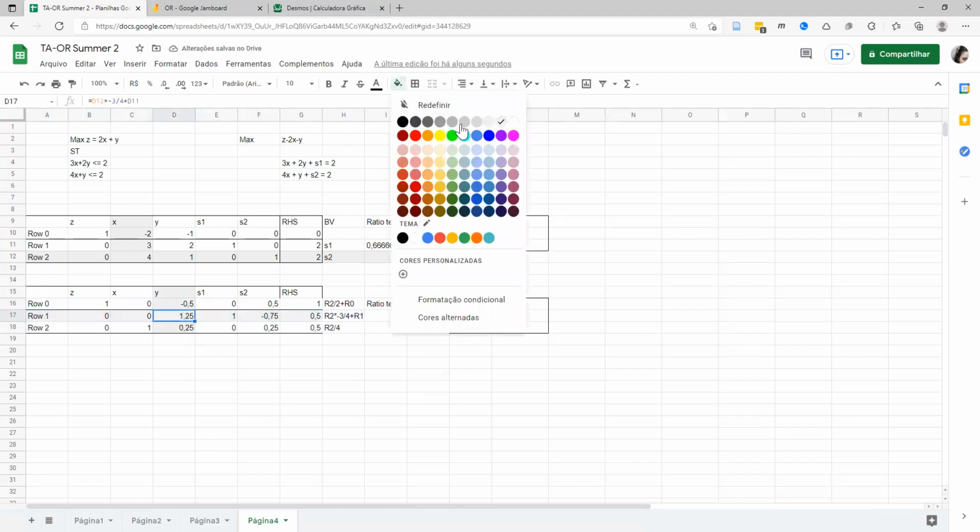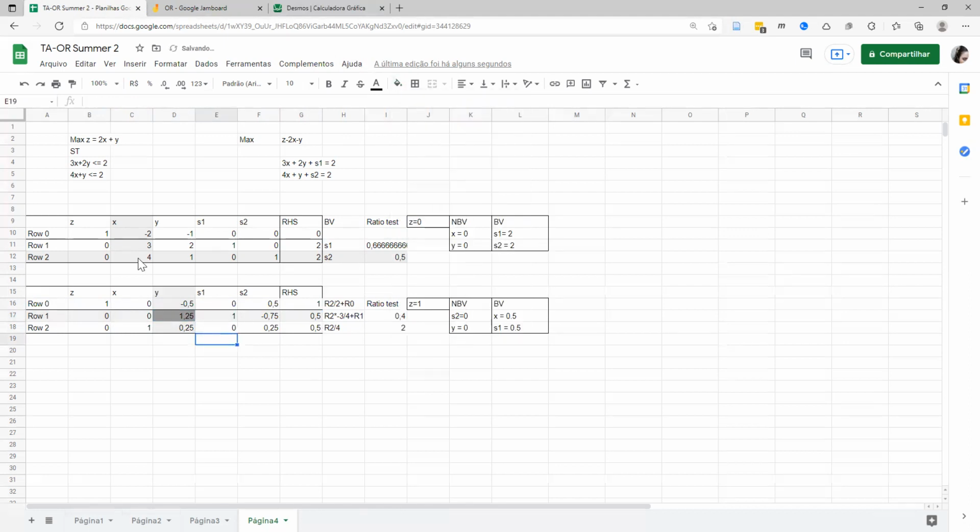And this here is going to be our pivot number. So this is 1 1/4, or 5/4.